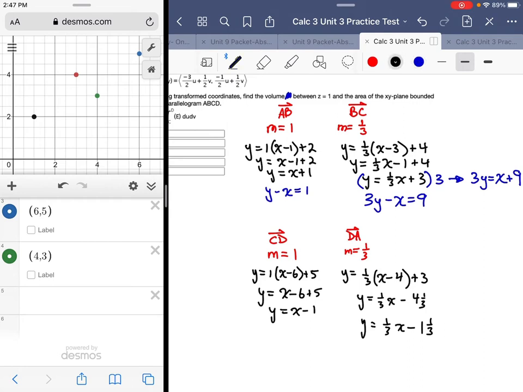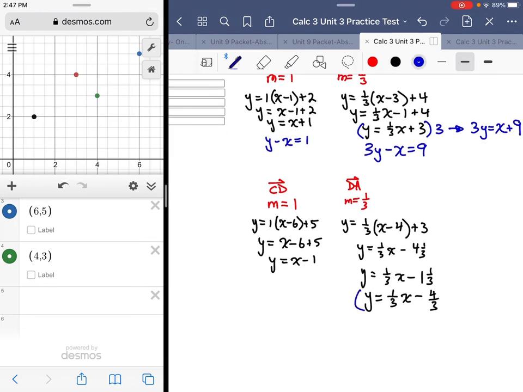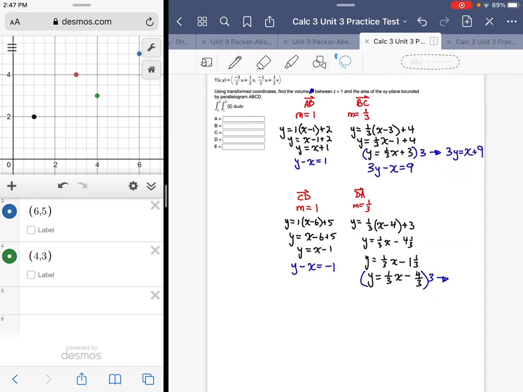For this one, I will actually write it as y equals 1/3 x minus 4/3 first. Multiply both sides by 3, just like I did above. This one's easy, this is just y minus x equals negative 1. And then this one, we just smidge everything over, or maybe just reduce it in size.